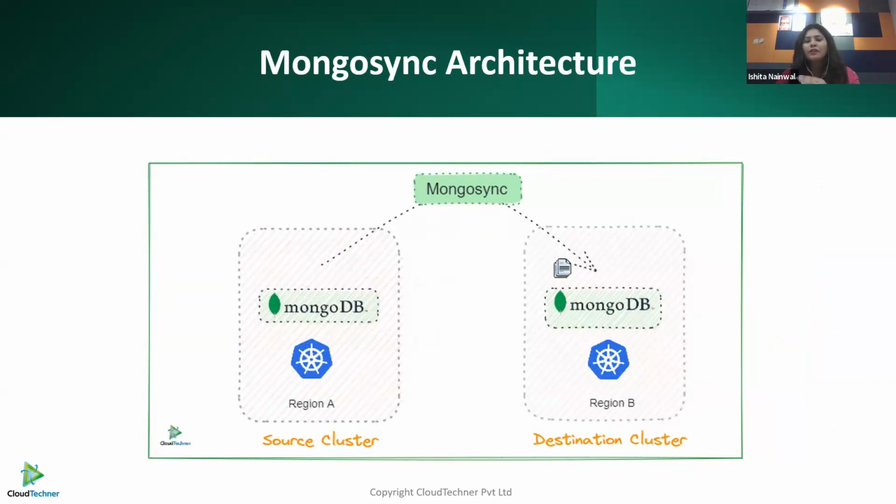We can see the data transferring from region A to region B. What we are doing here is replicating the data that we have in our source cluster to the destination cluster with the help of the tool Mongosync. Traditionally it was very difficult to do the same, but because of this tool we can do it very easily, and that is why we are introducing this tool here.